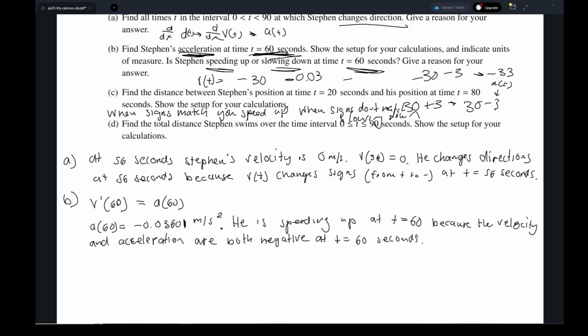That's all. Because if the signs match, that means you're speeding up. If the signs don't match, that means you're slowing down.